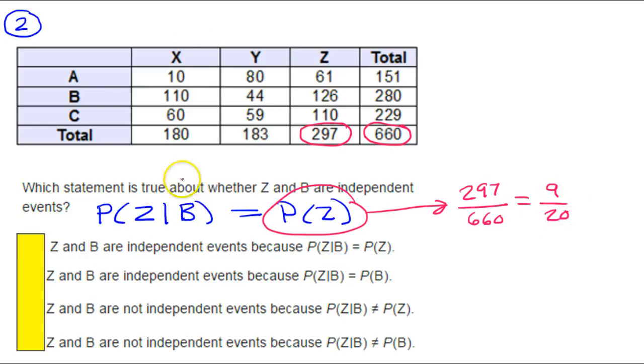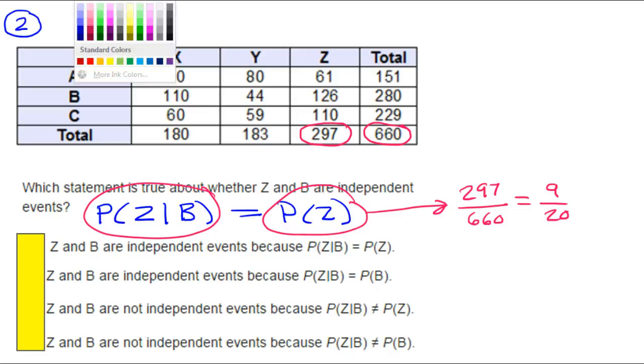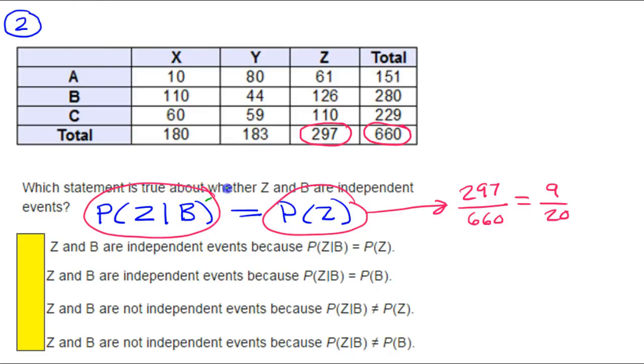Now let's check the probability of Z given B. When something is given, like B, that means B is the whole universe.